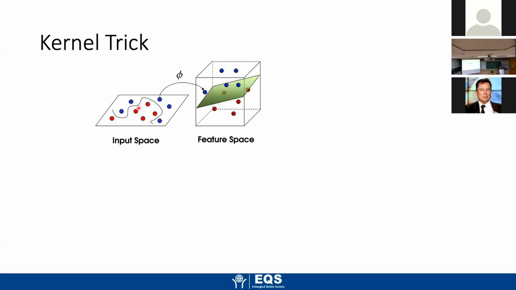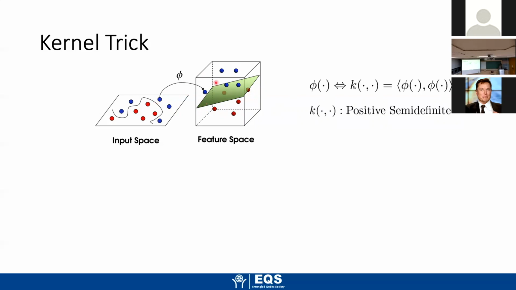You have to draw a curve, but this problem can be solved if we map the data into higher dimensions, like this. This is a feature space, and in feature space you can draw a hyperplane that separates the two classes.